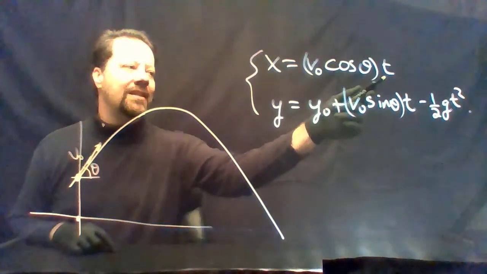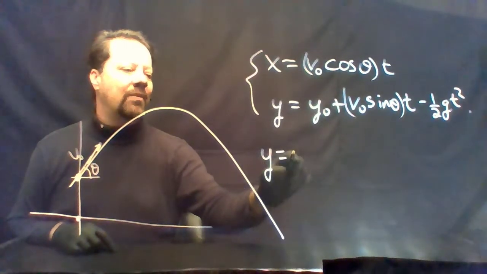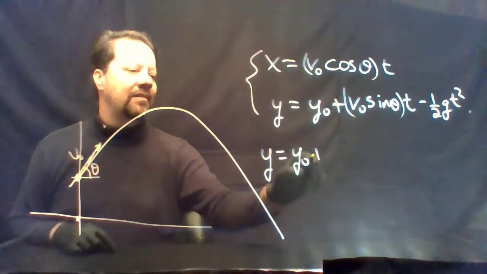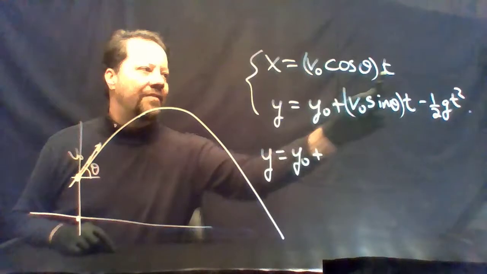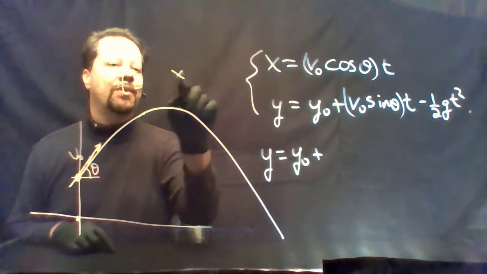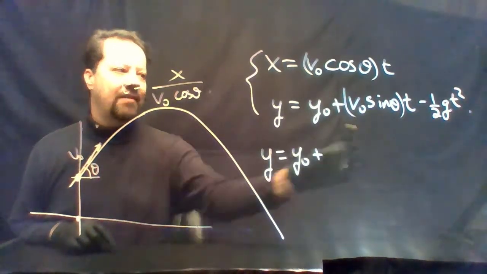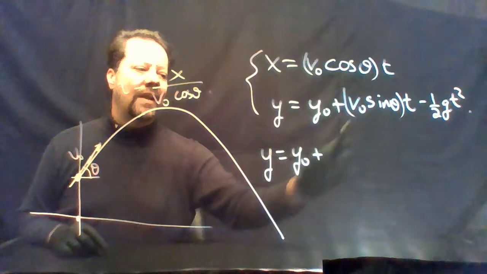If we solve for t and substitute, we get y equals y naught plus, if t is equal to x divided by v naught cosine theta, the v naughts will cancel.